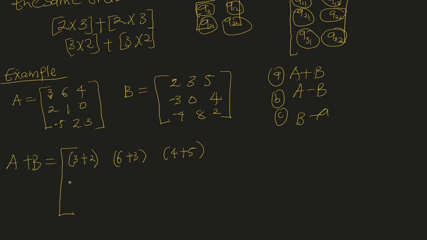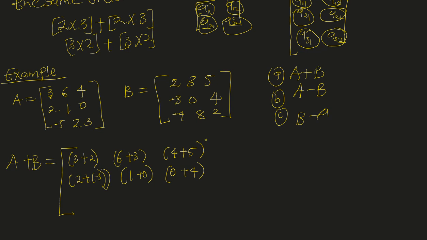Now, we're taking it row by row. That is the first row. Now, let's look at the second row. This is going to be 2 plus minus 3, you can see I did not neglect my minus, 1 plus 0, and 0 plus 4.